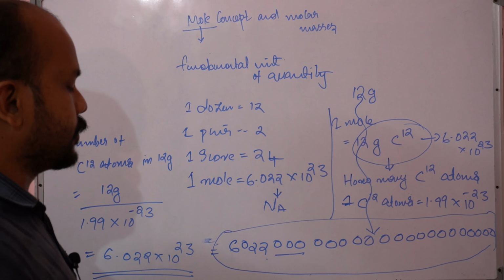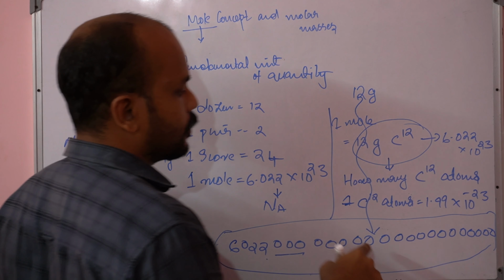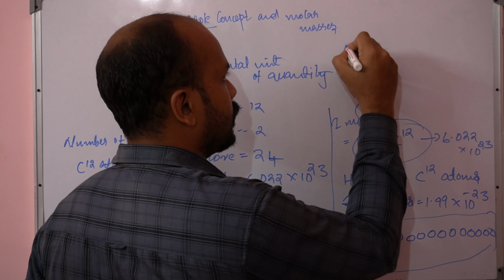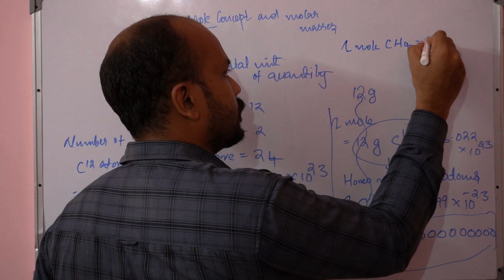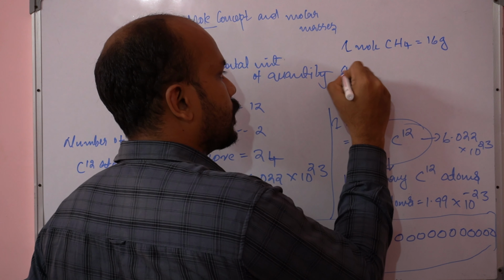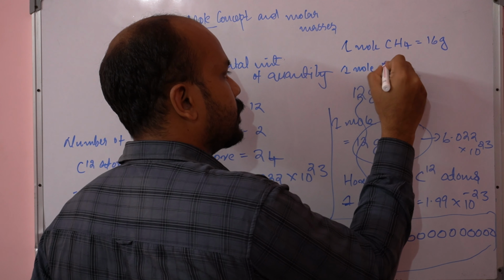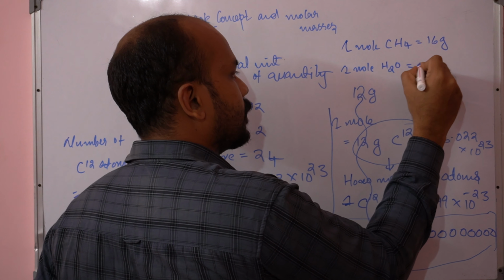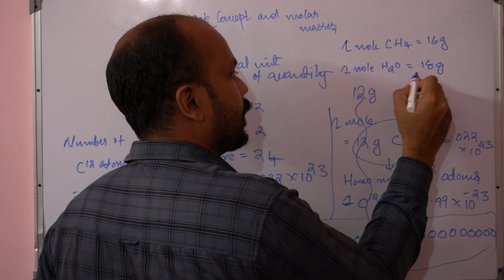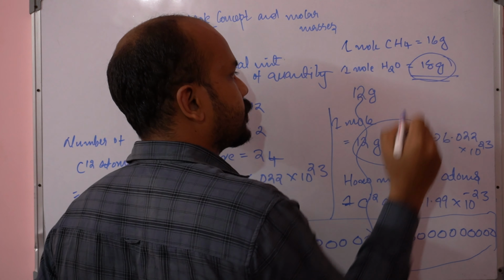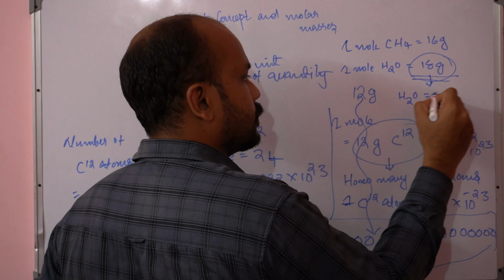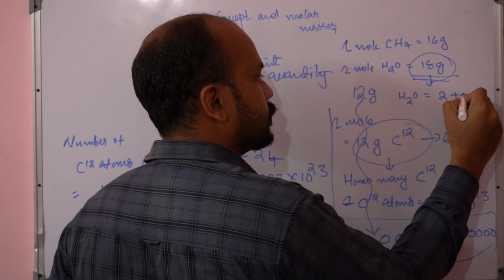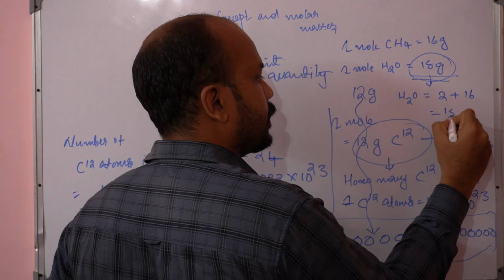Let's see how much 1 mole of other substances is. If you take 1 mole of CH4, it is going to be 16 gram. Or if you take 1 mole of H2O, that is going to be 18 gram. Can you understand from where this 18 has come? What is the molecular weight of water? It is 2 plus 16, so it is going to be 18.